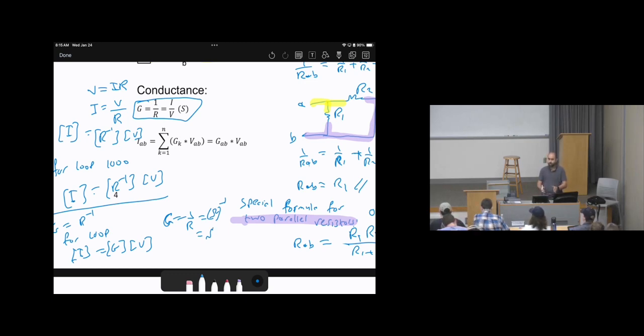Most likely we are using the conductance in programming, but in circuit analysis we will not use it a lot. Actually, I don't think in this course we will use the conductance. We will use only resistance. But I'm going to say conductance has important applications because we will use this a lot in the programming.